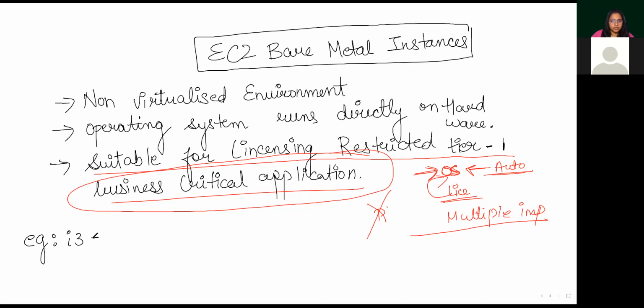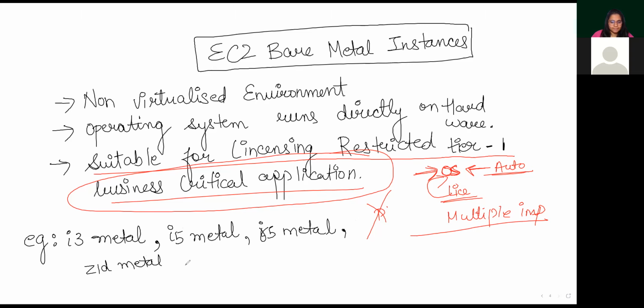These are the options in which you can create your EC2 bare metal instances: I3 metal, I5 metal, R5 metal, Z1D metal, and U6TB1 metal.